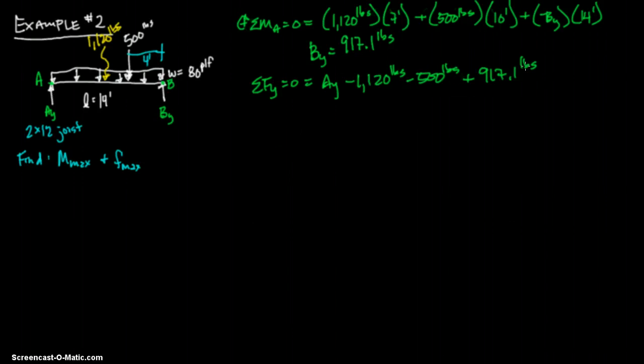We do the math. 1120 plus 500 minus 917.1, and you get AY equals 702.9 pounds. Alright, so we now have our reactions. Let's go ahead and write them over there. 702.9 pounds and 917.1 pounds.